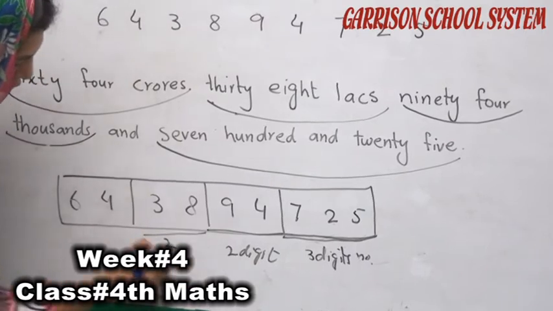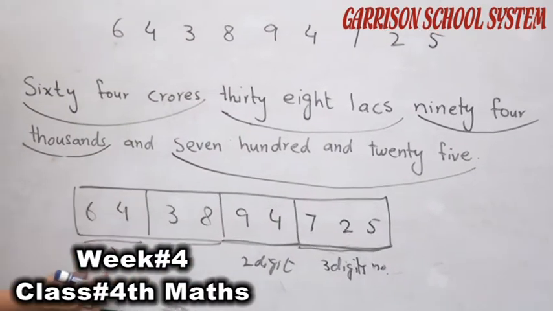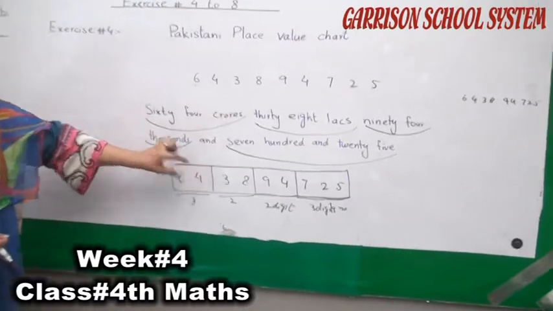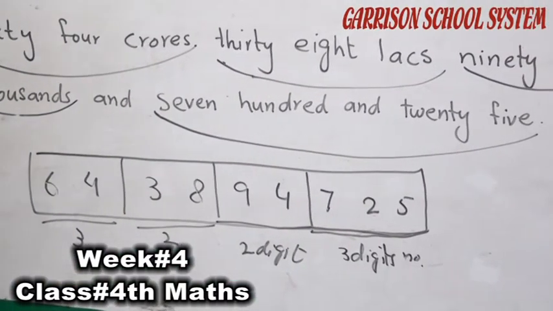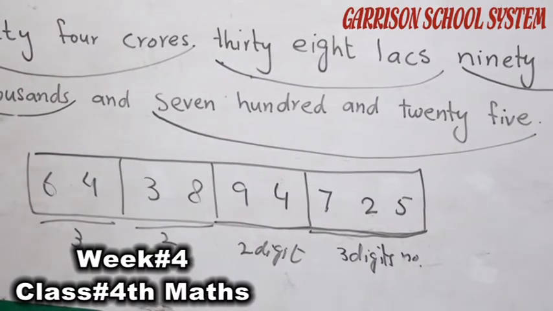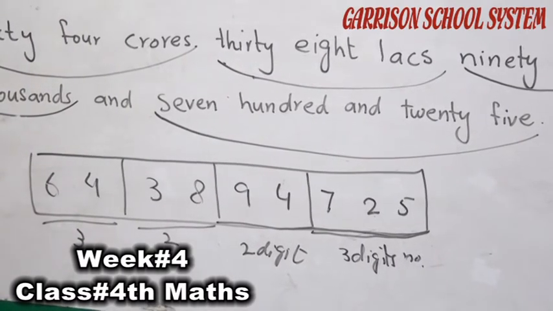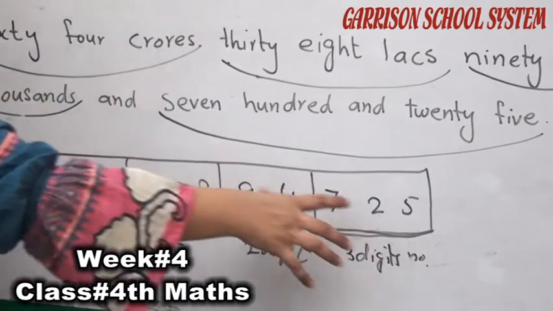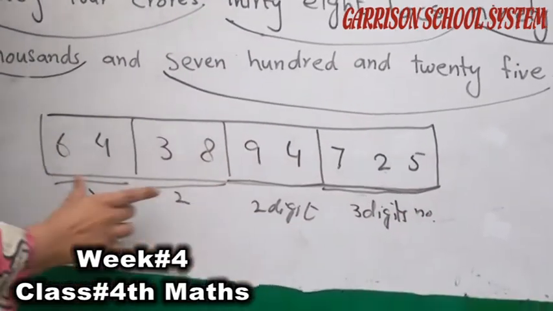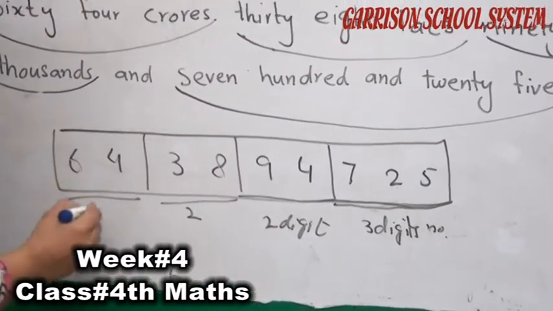These are also 2-digit number groups. So first, 3 digits from the right, then this is 2, this is 2 also, and this is also a 2-digit number.